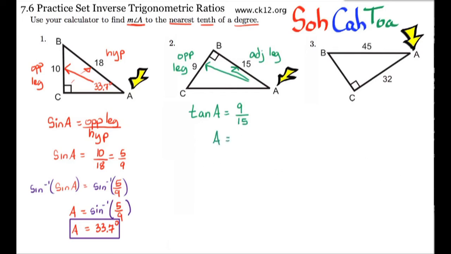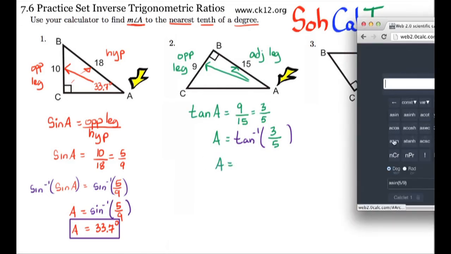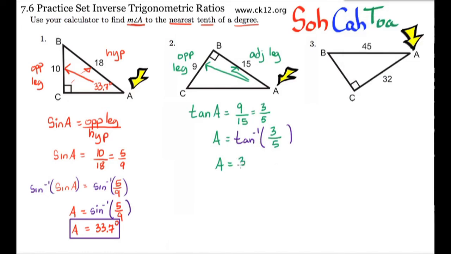Tangent of A equals 9/15, and 9/15 reduces to 3/5, so I'm going to find the inverse tangent of 3/5, and I go to the calculator again for this, and I get about 31.0 degrees.